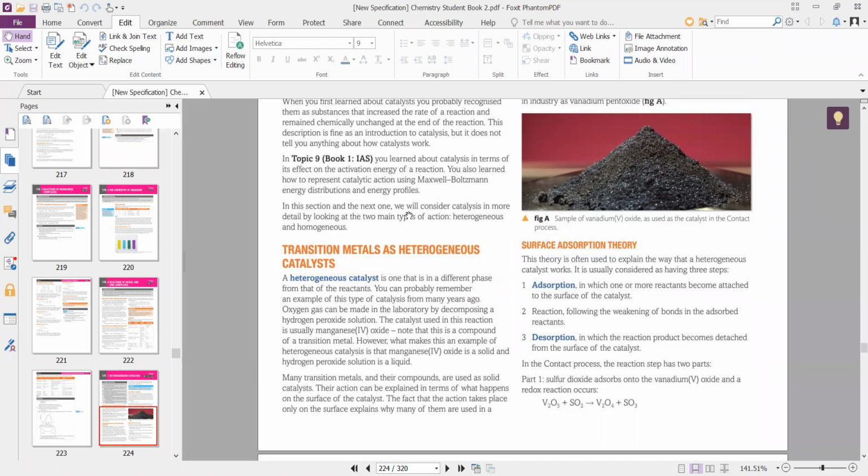New point. Many transition metals and their compounds are used as solid catalyst.